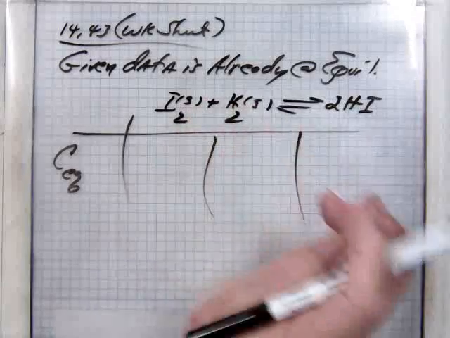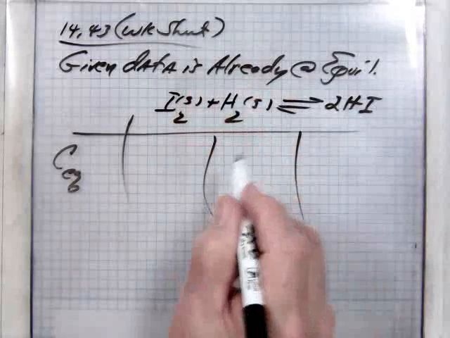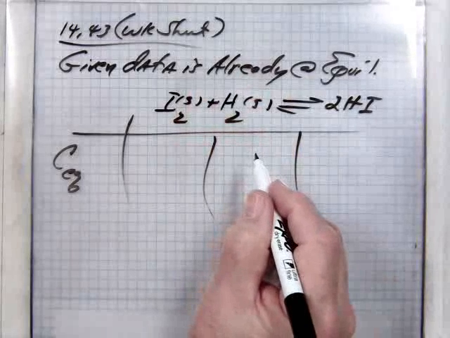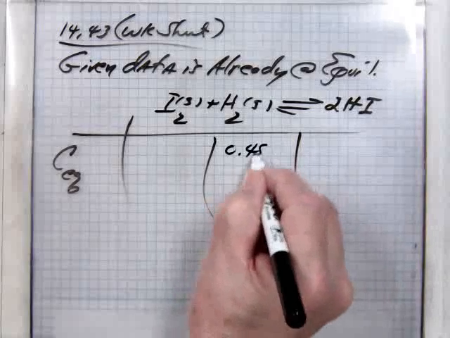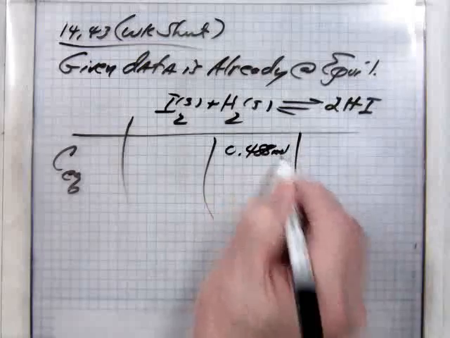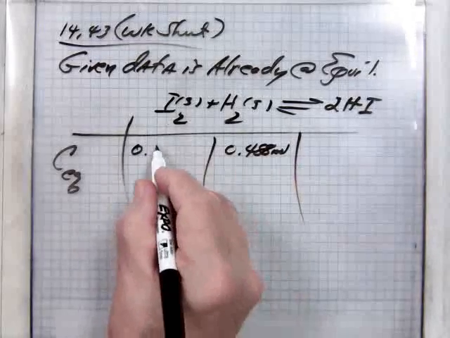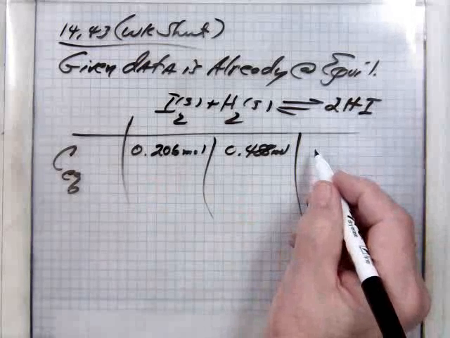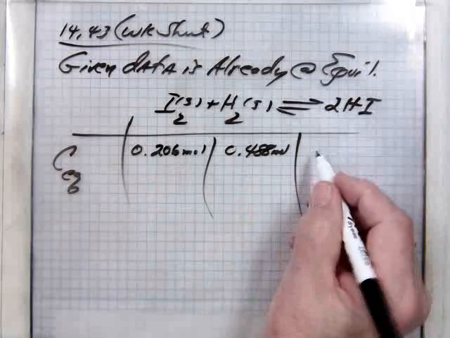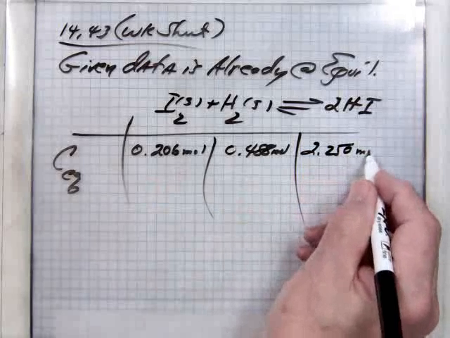So you're given hydrogen, 0.488 mole, and iodine 0.206 mole, and hydrogen iodide 2.25 mole.